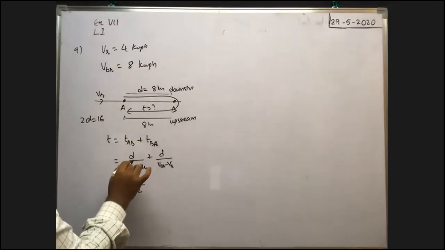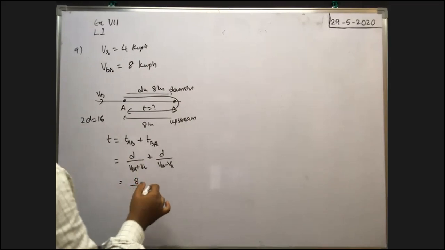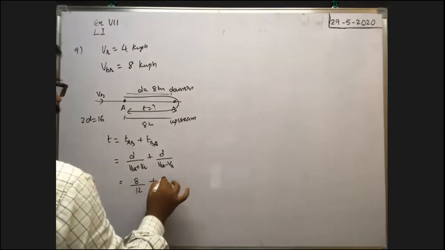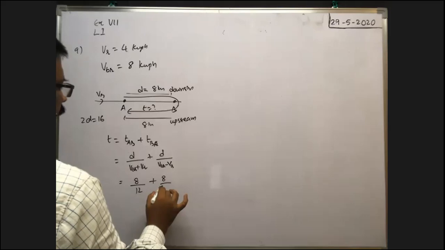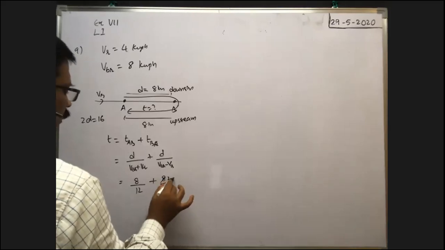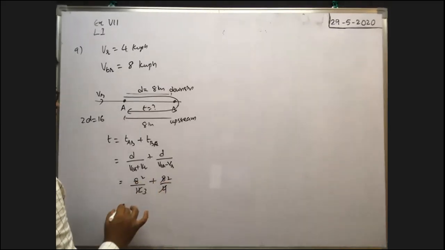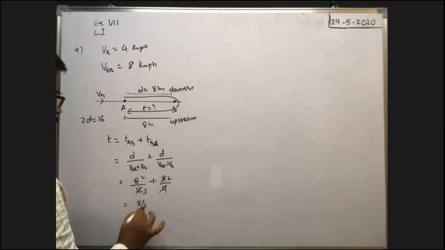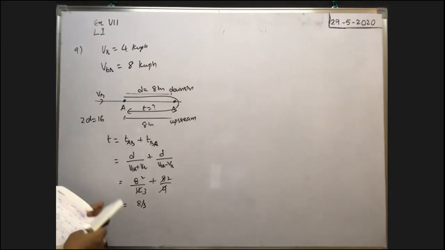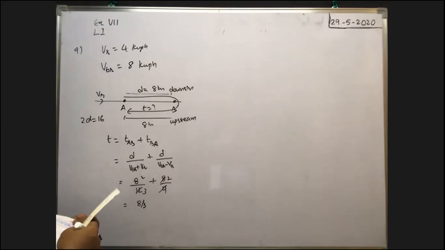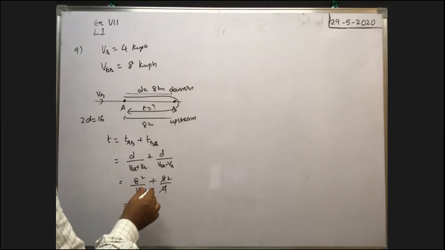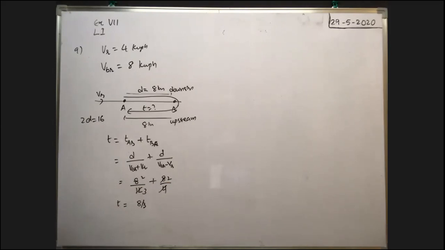The distance is substituted in kilometer, velocity is also measured in kilometer per hour, so time you will get in hours. 8 by VBR minus VR means 8 by 4. 4 2s are 8. Therefore, 8 by 3 hours.